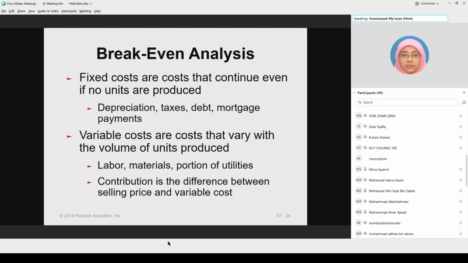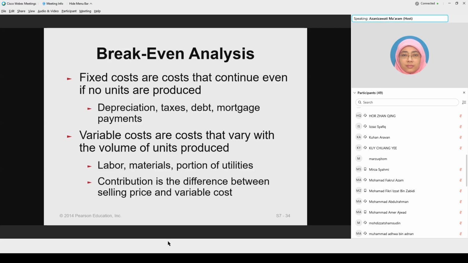You may pay them the OT. So that is labor, because the payment that we pay to the labor will depends on the number of units.